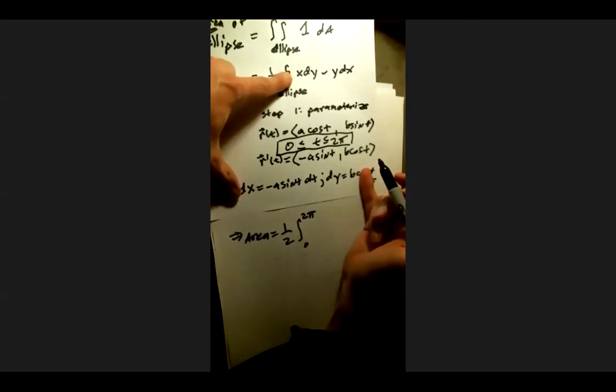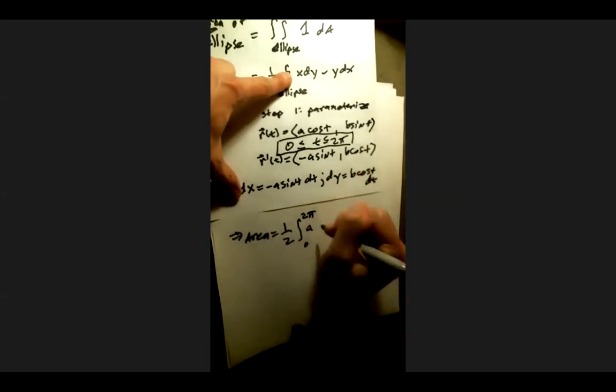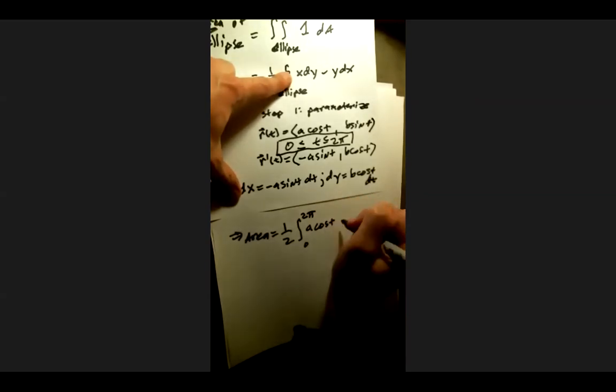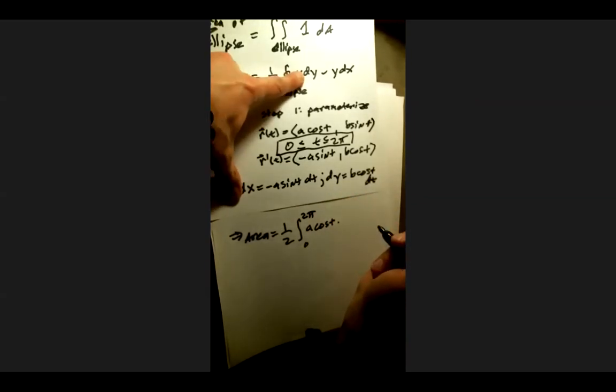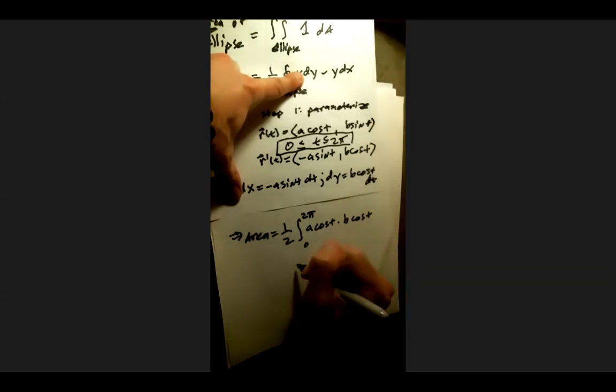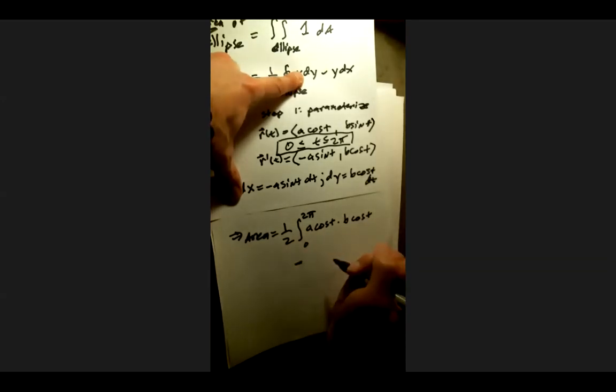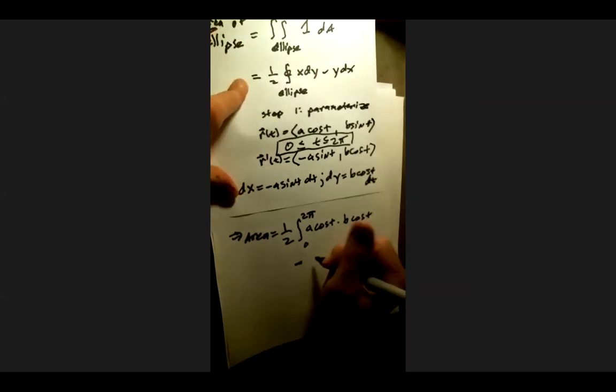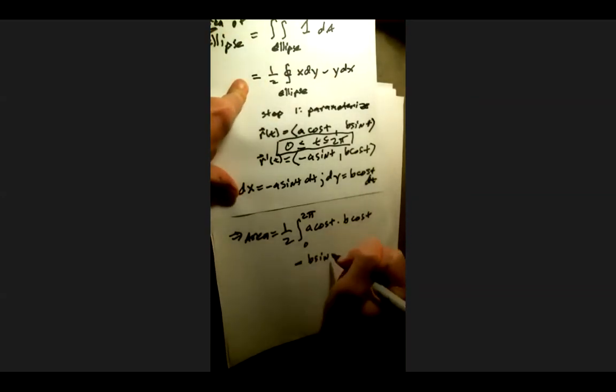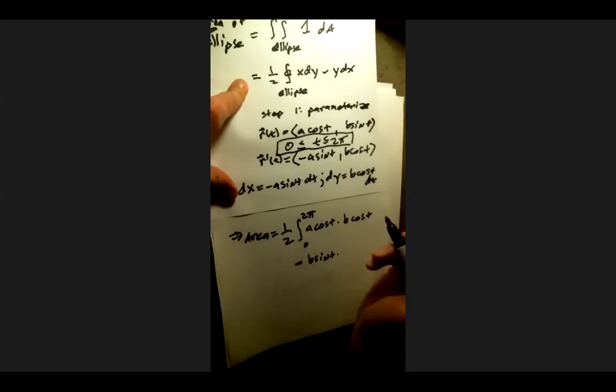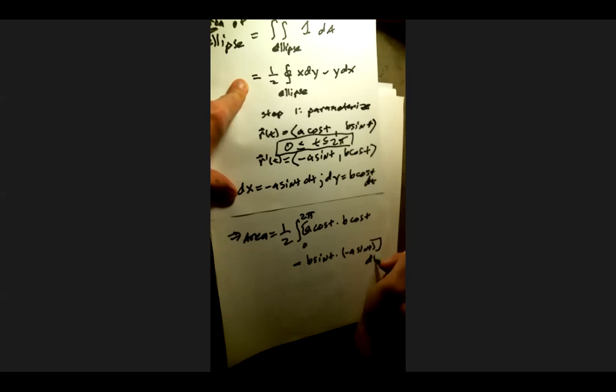And then we have x, which is a cosine t, times dy, which is b cosine t dt, minus y, which is b sine t, times dx, which is negative a sine t. All this is integrated with respect to t.